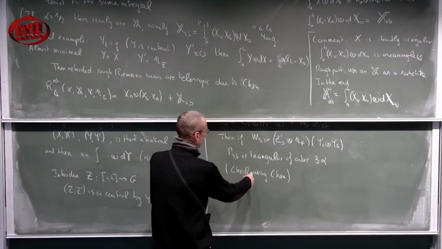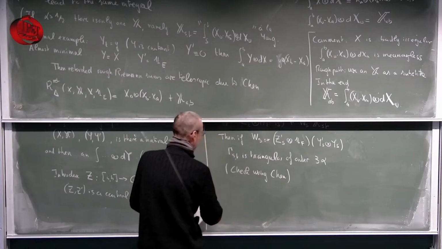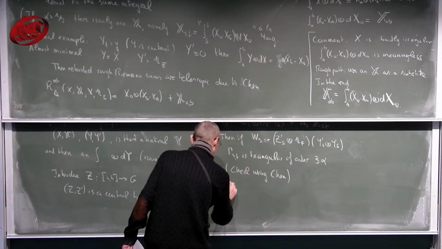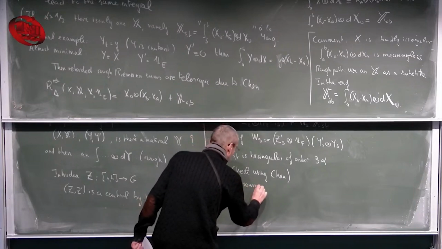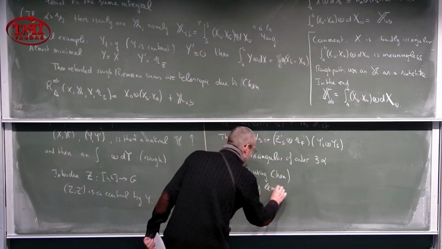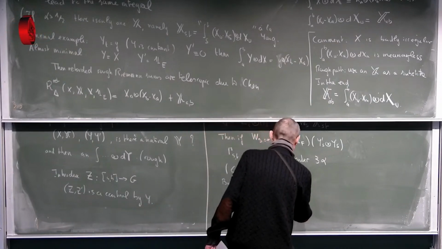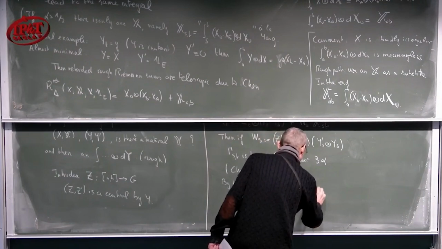So the check is easy, and you just have to make a little computation, and the details will be in the notes. And then by the Sewing lemma, the integral from a to b of delta gamma exists.